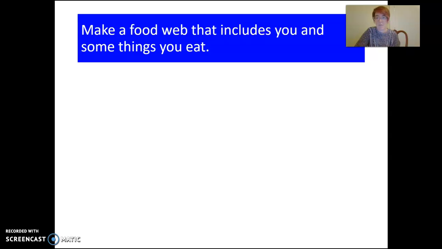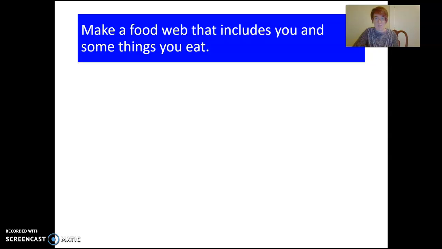It's a food web. And now don't draw like a hamburger, right? But think about the organisms that your food came from. So if you eat a hamburger, that's beef, you've got a cow. That is grains in the bun. So you've got things like wheat, lettuce. So try and include as many things as you can and make as many connections as you can. Pause the video and do that.